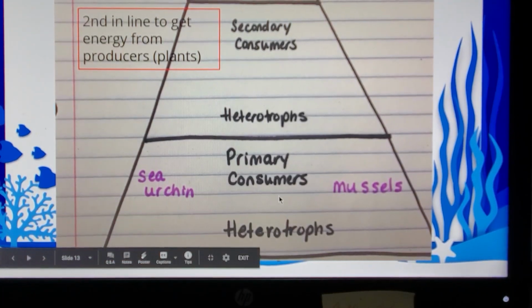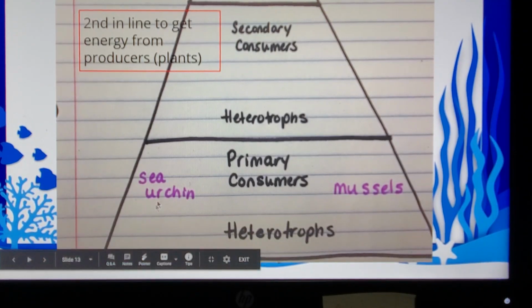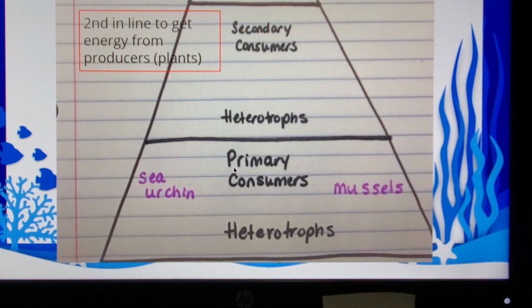They got the energy from the plants. Now the secondary consumers are eating them, and they're getting energy as well. It started with the plants, but remember, these primary consumers, like the sea urchin and mussel, they got to live too. They got to live their best lives too, and they're going to do that.